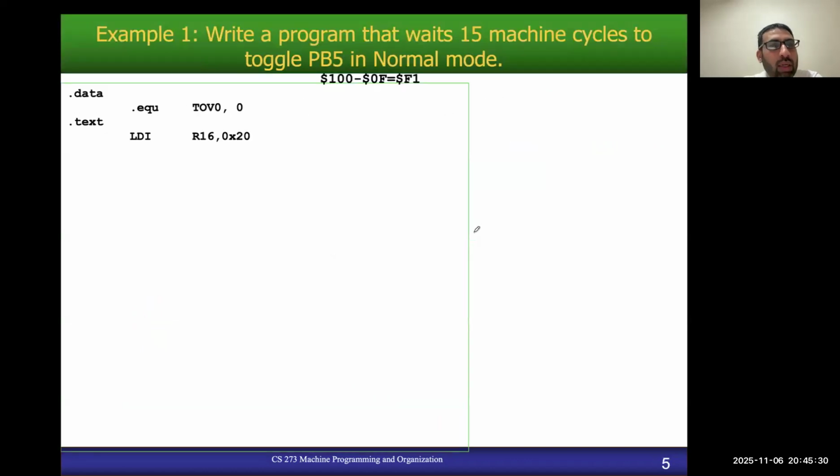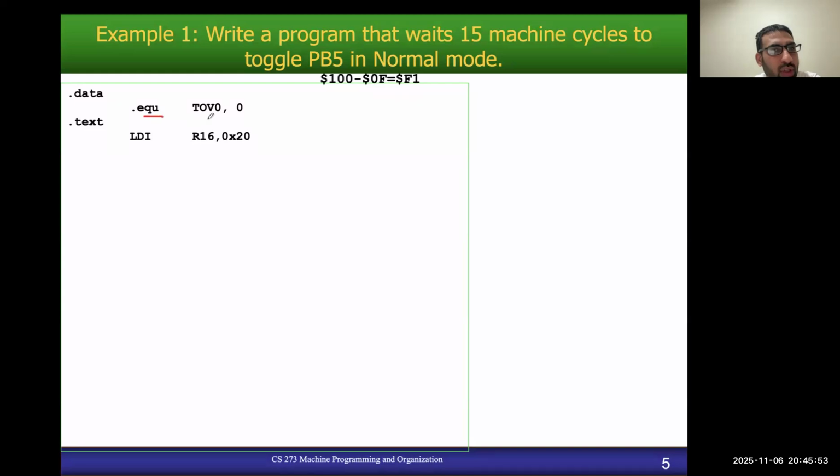Okay, so now let's have a look at the actual program. We have seen what value we first calculated, what value we need to put in the register. It was F1 in hex form, and the other thing we also figured out is what values we need to write in the control register, right? So first we are simply initializing.